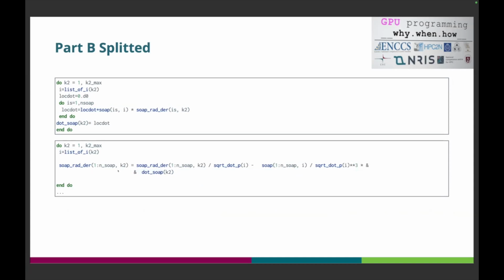So we have 1-to-n soap and we have this K2 operation, but practically we can just apply some parallelization directly on this loop, and everything is okay if we do it over the whole. So this is also a loop practically. So we kind of collapse this outside loop to this 1-to-n soap, which is another loop.